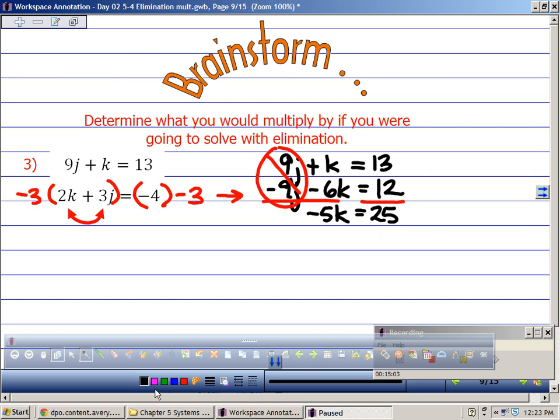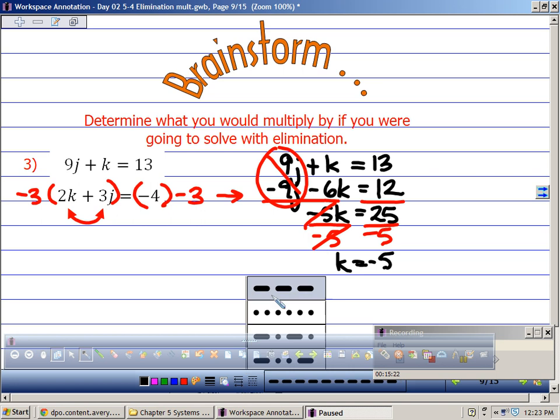Then when I divide both sides of my equation by -5, I get K equals -5. What am I going to do with that? Substitute it back in. Which one would you like to substitute it back into, Michael? The first one?